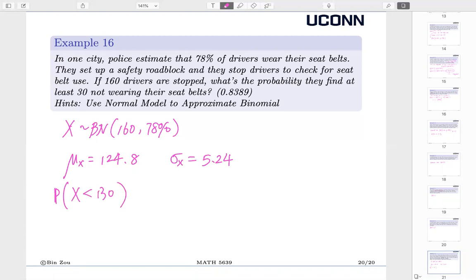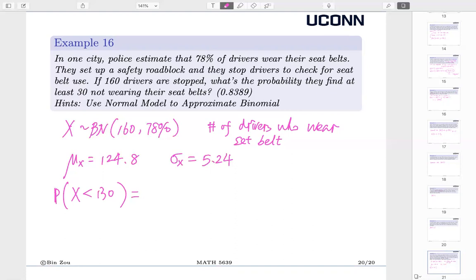Because X is the number of drivers who wear seatbelt. So if you want to know the number who do not wear seatbelts is at least 30, which means those who wear seatbelts is less than 130, right?